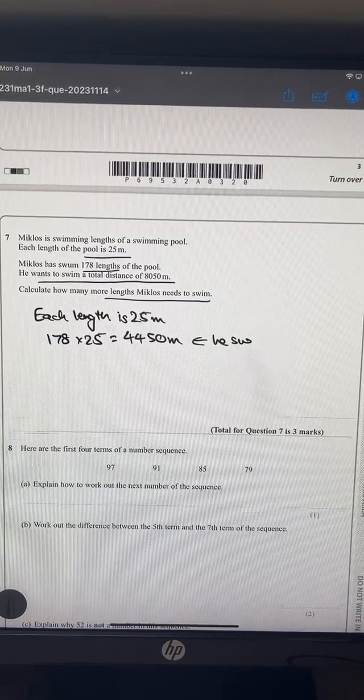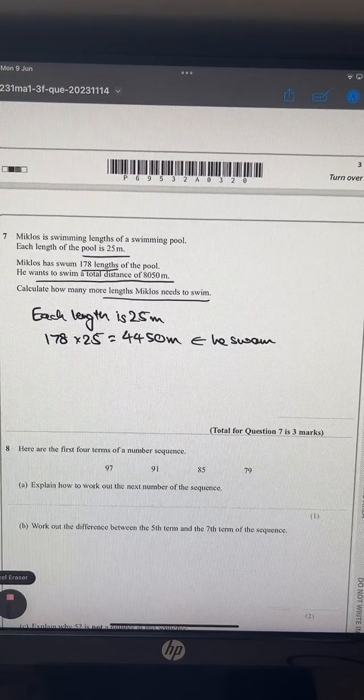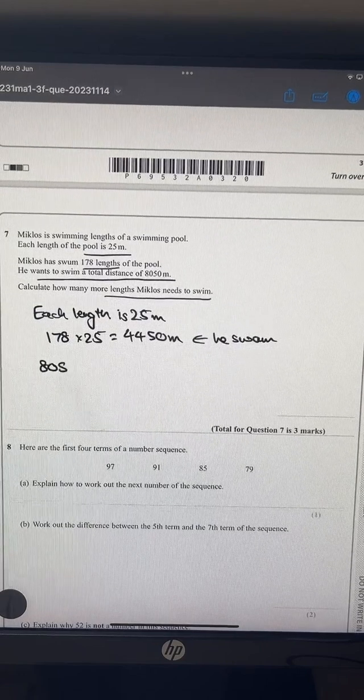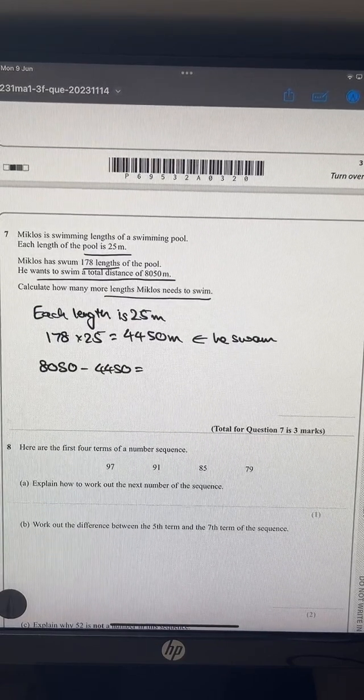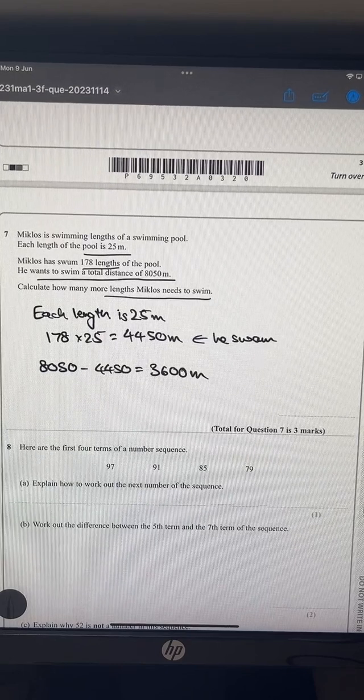He wants 8,050, right? So just think, how many more do you have to go? Well, that's just a subtraction. 8,050 minus 4,450 equals 3,600 meters. Yeah? That's how many meters he has left.